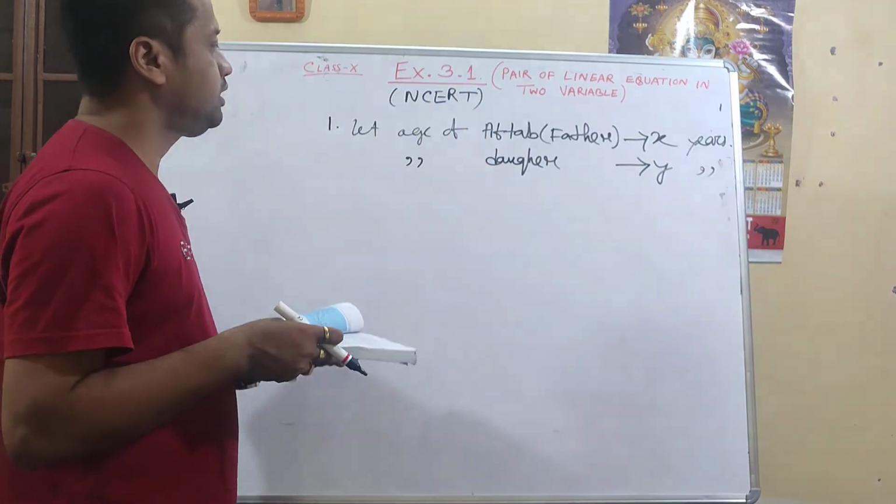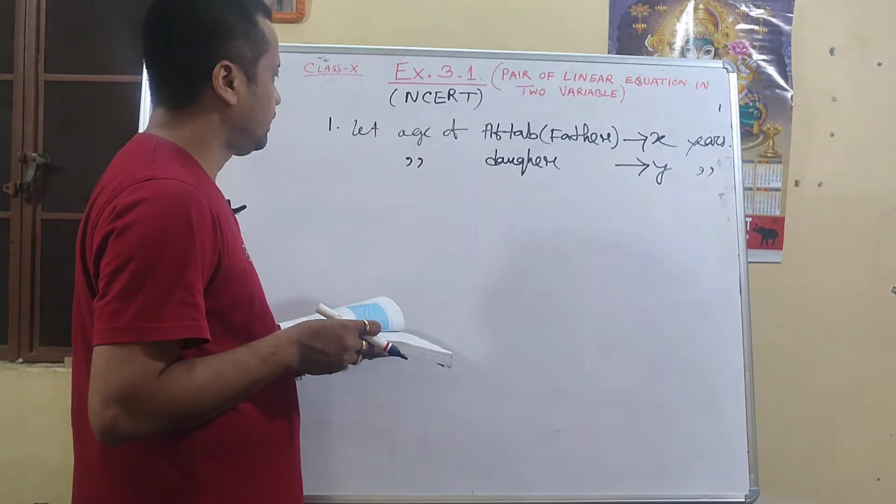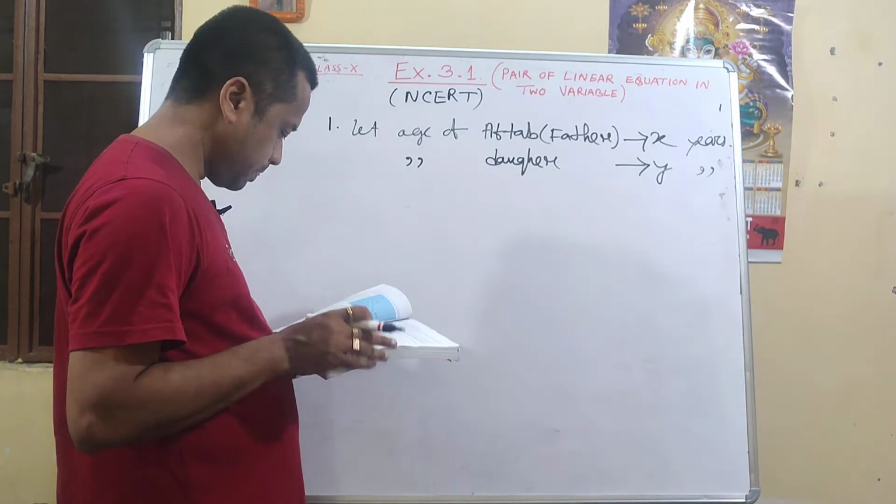Let the age of father be x years and age of daughter y years.